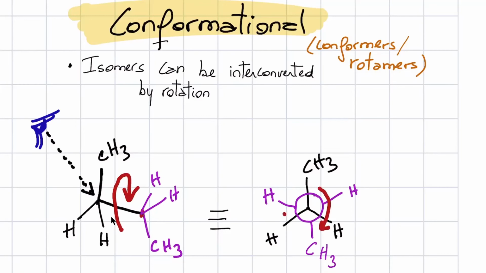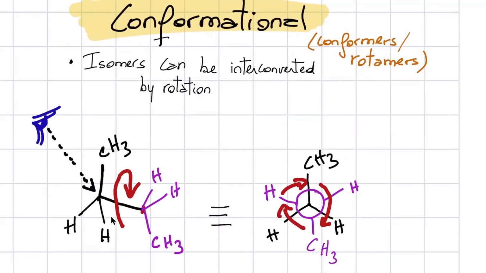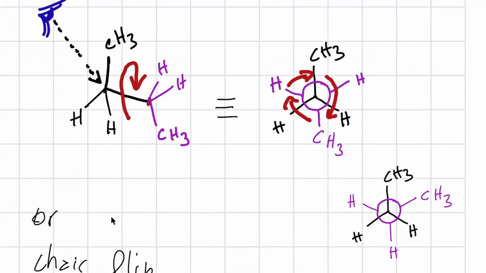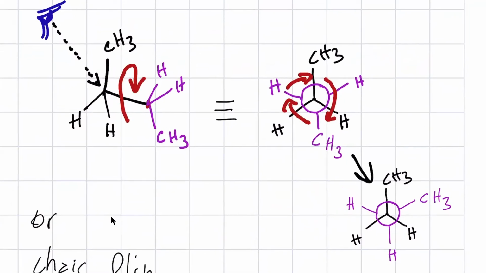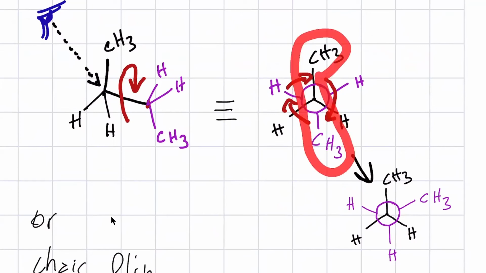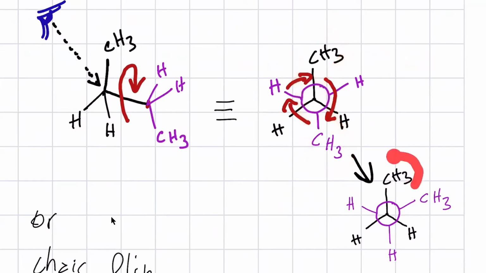We can have many different ones actually. For example, one of the rotamers could be this one here, right? Remember, on the first one, the CH3s were away from one another. They were anti, but we can have this structure where we have a gauche conformation where the CH3s are close to each other. Okay, so that's what they call rotamers.